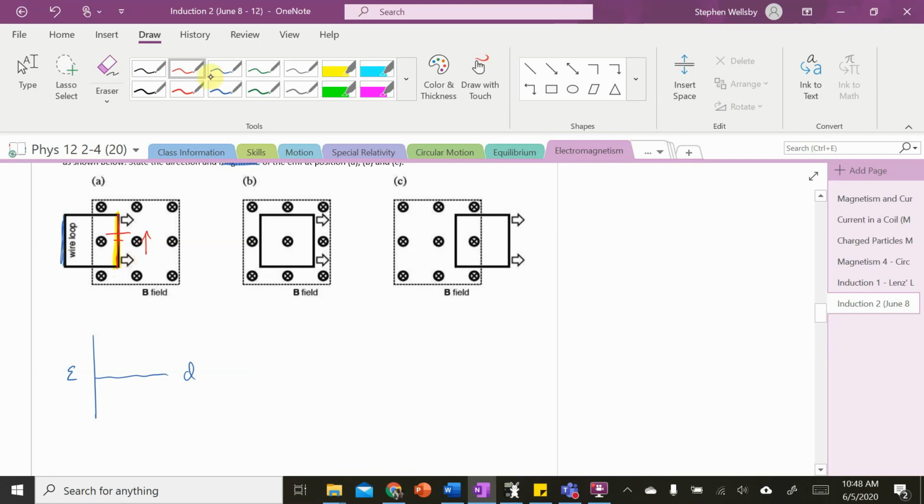So this is going to produce an EMF which is moving in the counterclockwise direction. I'm going to call this a negative EMF, or counterclockwise. As long as this bar is in the field and this bar is not in the field, we're going to have an EMF that is counterclockwise, which I'm calling negative here.